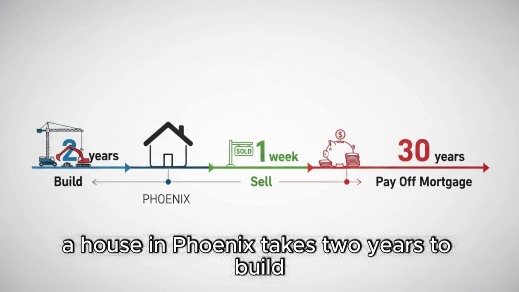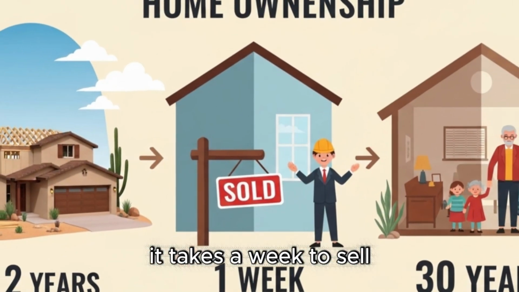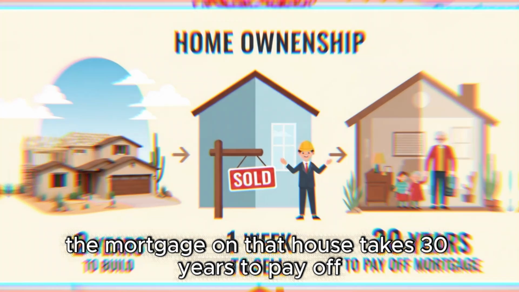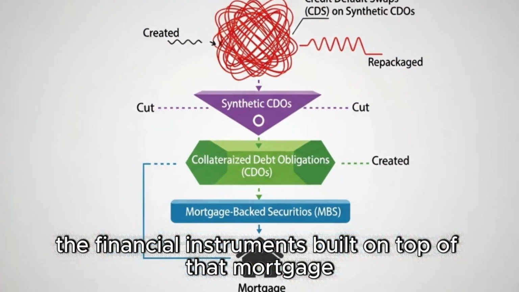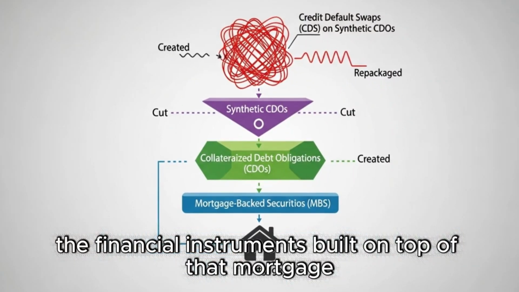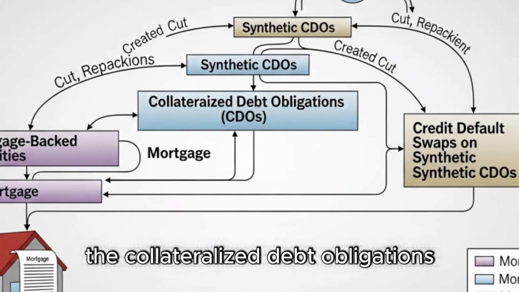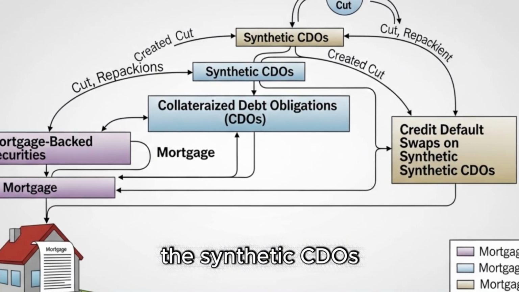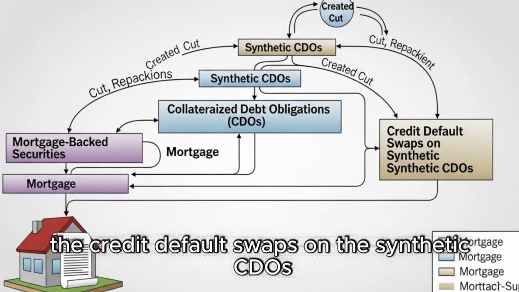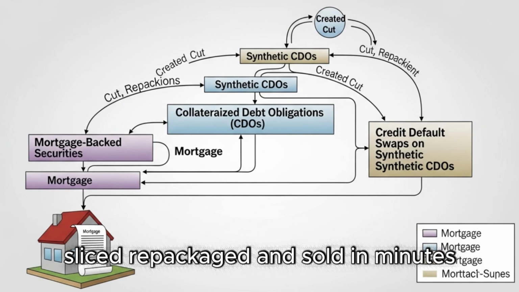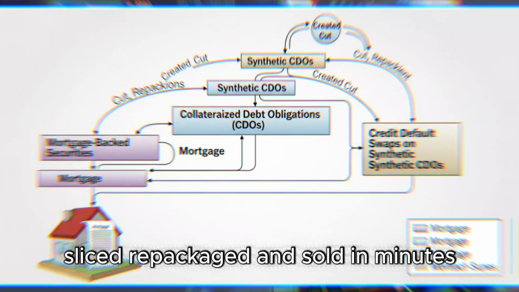A house in Phoenix takes 2 years to build. It takes a week to sell. The mortgage on that house takes 30 years to pay off. The financial instruments built on top of that mortgage, the mortgage-backed securities, the collateralized debt obligations, the synthetic CDOs, the credit default swaps on the synthetic CDOs, those instruments could be created, sliced, repackaged, and sold in minutes.